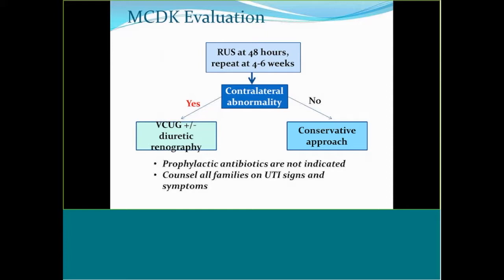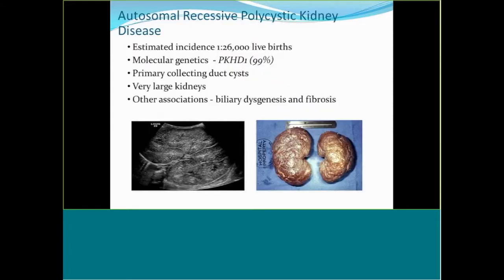But if that other kidney looks abnormal, get a VCUG, consider a diuretic renography. It's generally not recommended that they have prophylactic antibiotics, but you want to counsel the families about the signs of urinary tract infection, if they should stay on top of that. Now to move to autosomal recessive.